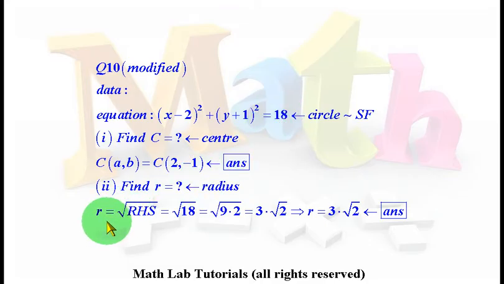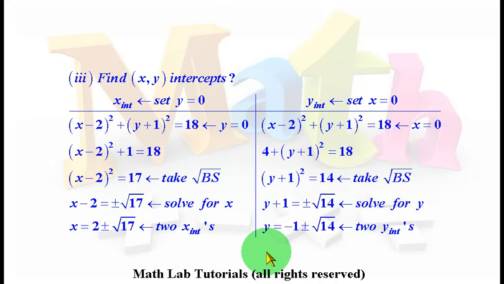So the radius is the square root of the right-hand side, which is the root of 18, which can be decomposed as root 9 times 2, and then the square root of 9 is 3, so we get 3 root 2. So we conclude that the radius is 3 root 2. So that was a fairly simple question on identifying the center and the radius using the standard form for a circle. We'll turn to the next slide.